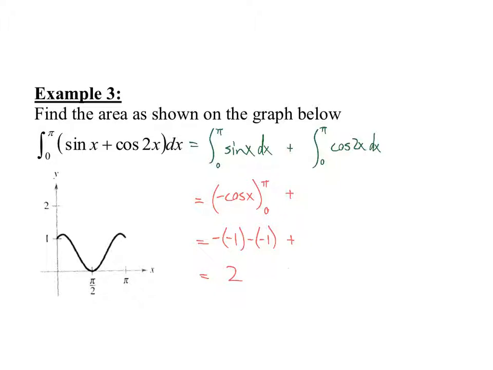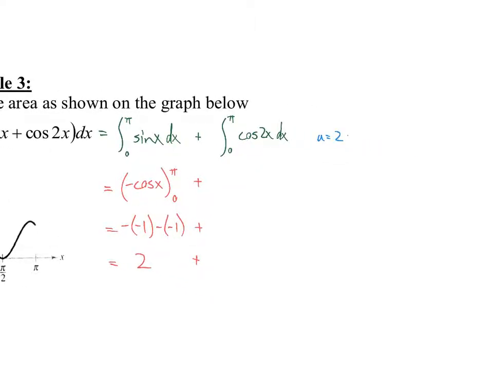So we know it's 2 plus something. Now we have the integral from 0 to pi, and we said that we need to make u equal to 2x. That means du is 2 dx.